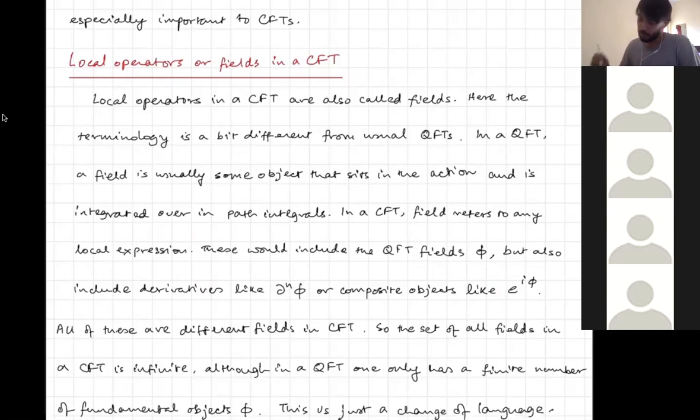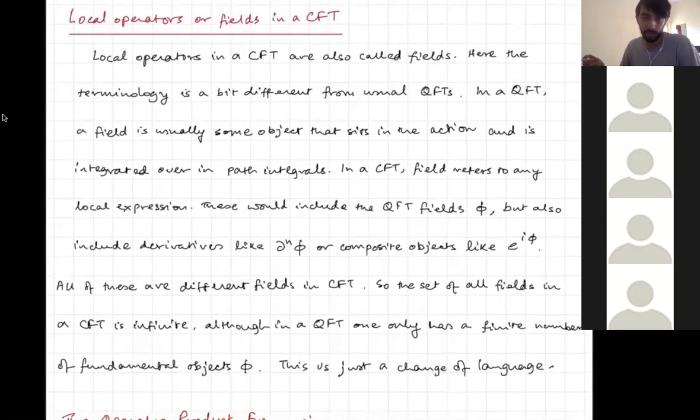As you can understand, the set of fields in a CFT is infinite, even though in a QFT, usually one has a finite number of fields which are also treated as fundamental objects. So this is just a change of language. It doesn't mean that things have got harder, but just remember this, okay? You may not be familiar with calling something like del n of phi a separate field, but this is what one does here.